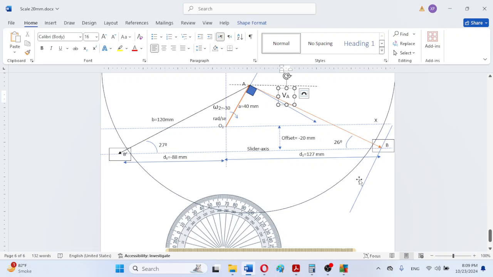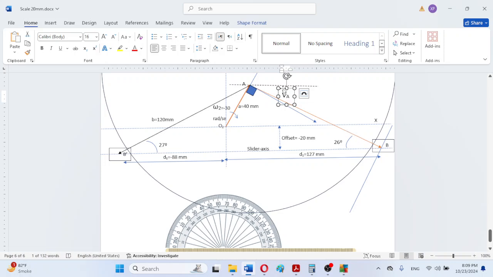We just know the line of action of the velocity VBA. We don't need to specify the exact direction of the velocity vector for this connecting rod at this instant.